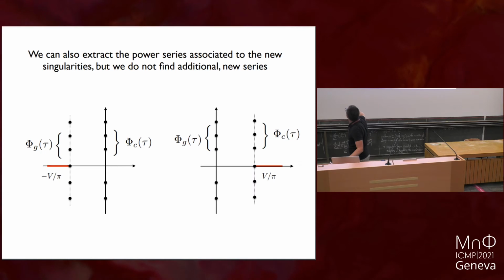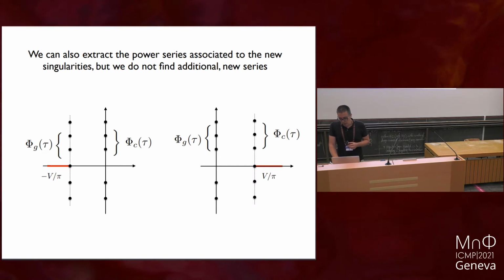There is going to be a Stokes constant relating phi c to phi g, a Stokes constant relating phi g to itself, phi g to phi c, etc. Remember that these were matrices which were labeled by the different type of series that appear. And so it's very important to try to calculate them. Since we have an infinite number of singularities, we have a priori an infinite number of Stokes constants to calculate here. And the question is if you can actually calculate them.